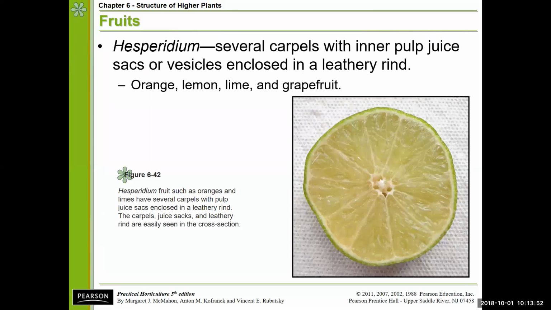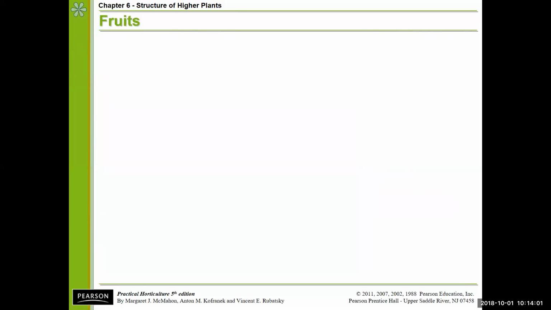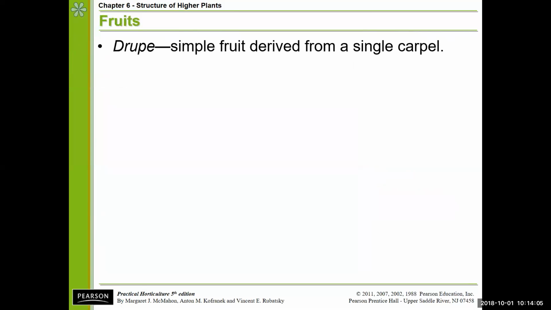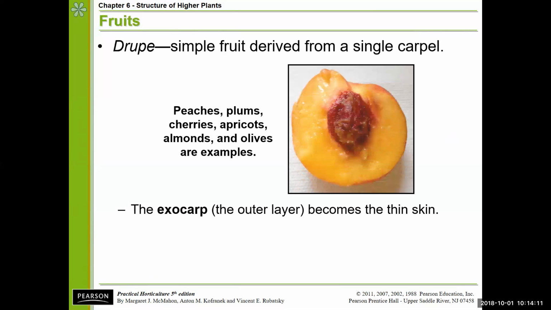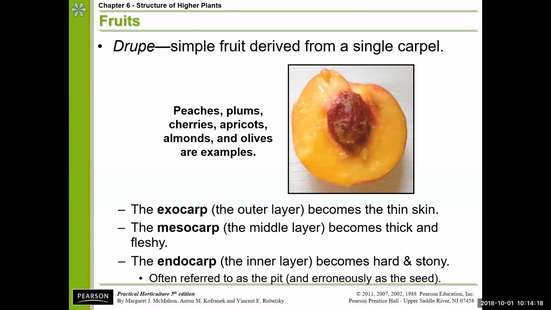This hesperidium is a specific type of fruit that's unique to the citrus family. Now, pepo, I thought they had a picture there, I guess they don't. Pepo is a unique fruit that is in the squash family. A drupe is a fruit that is not just unique to the rose family, but often many of the rose family plants have drupes.